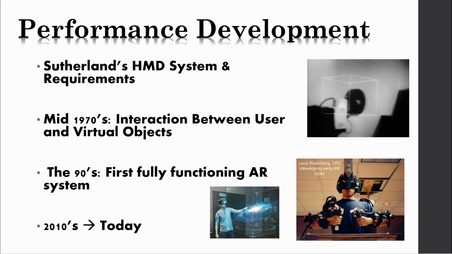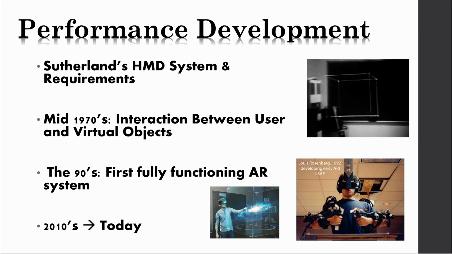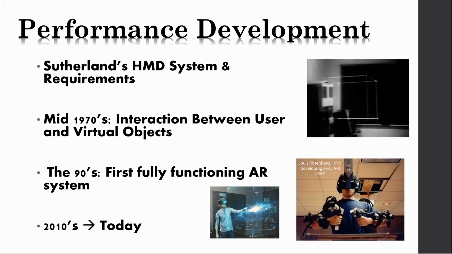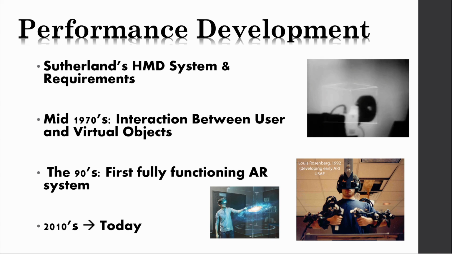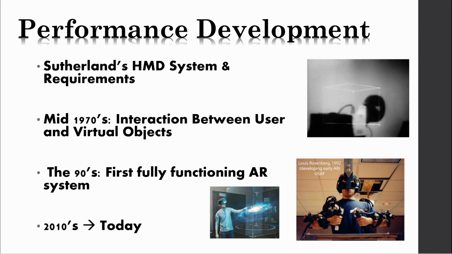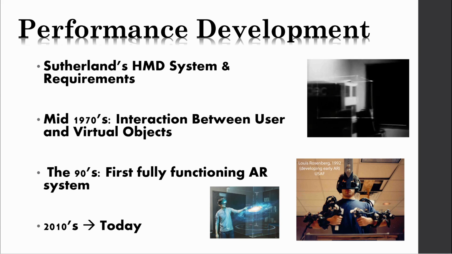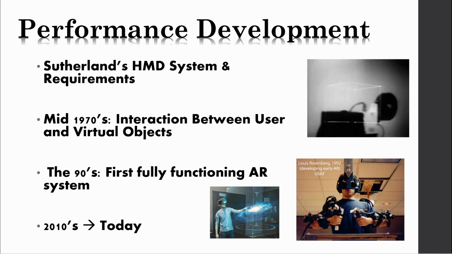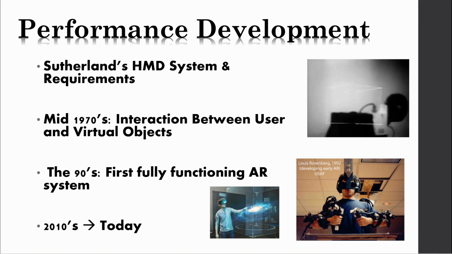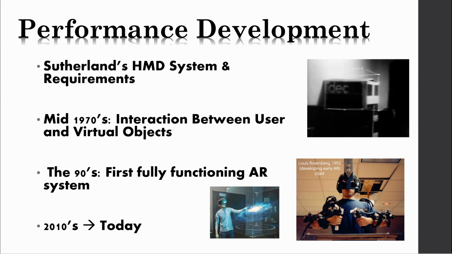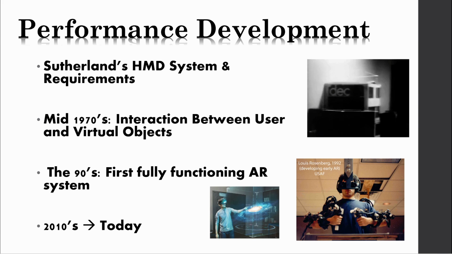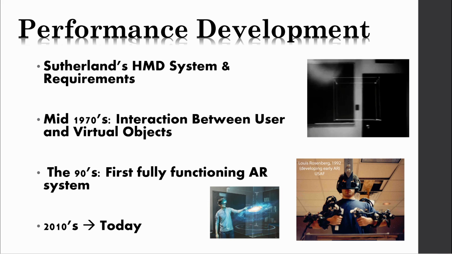To do this, he had a system which was comprised of 6 different parts: a computer, a headset, a head position sensor, a clipping divider, which is actually needed to produce a true perspective projection via division, a matrix multiplier, and also a vector generator. So as you can see, it shows how a lot of resources were required in order to perform some pretty simple tasks early on during AR's development.